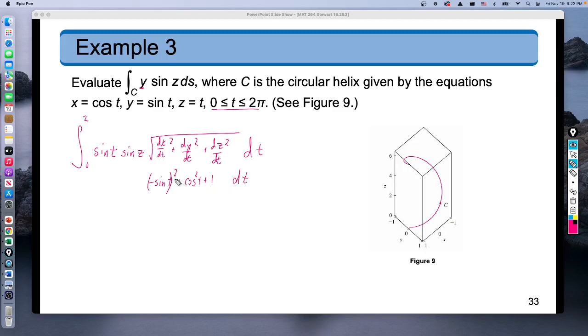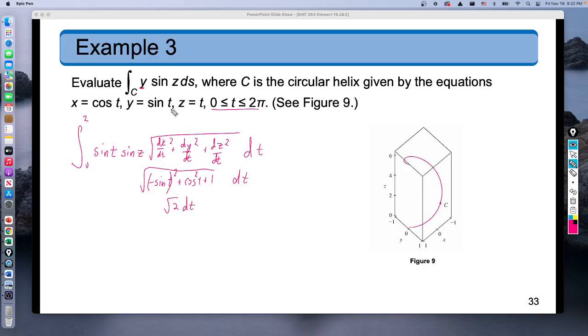There's our dt on the back side. So we get sine squared plus cosine squared, which is 1, right? Sine squared plus cosine squared is 1, plus 1. So we got square root of 2 dt.